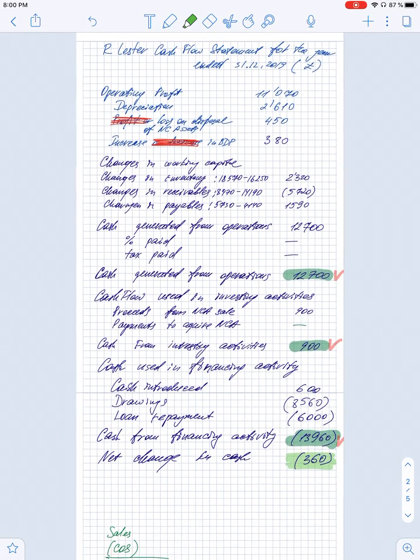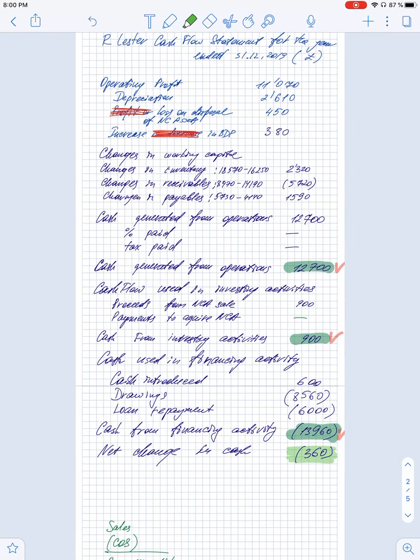But as I said before, personally, I like the topic of cash flow compilation problems very much because you can check yourself. Eventually, that amount, net change in cash, should be equal to the difference between opening cash, the bank balance, and closing cash.